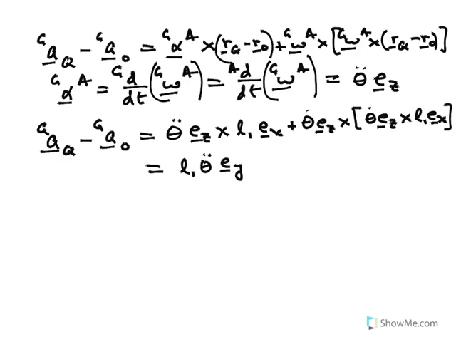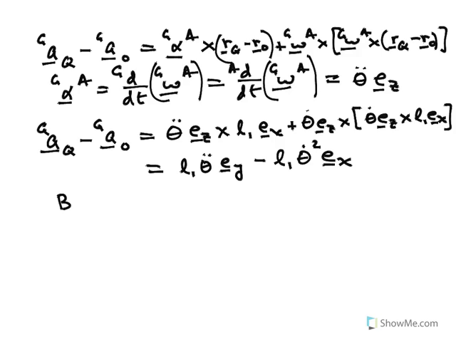these cross products, Ez crossed with Ex is Ey, and Ez crossed with Ey is minus Ex. So this gives me minus L1 theta dot squared times Ex.